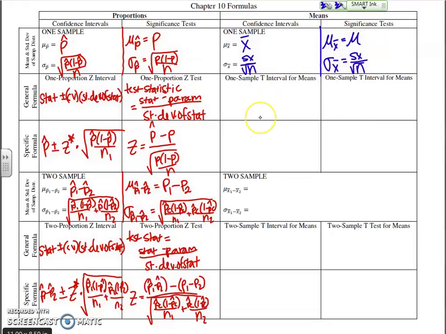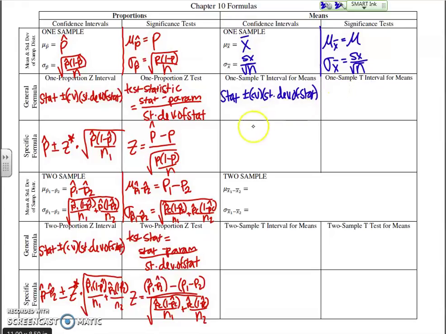Now, a one sample t interval for means, we are looking at the general formula. Well, it's the exact same general formula that we used over here for all confidence intervals: statistic plus or minus the critical value times the standard deviation of the statistic.